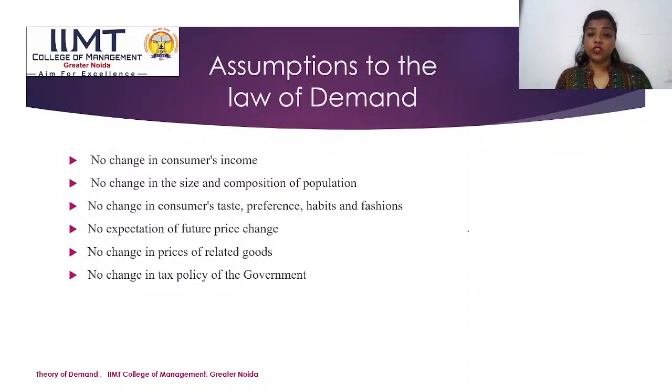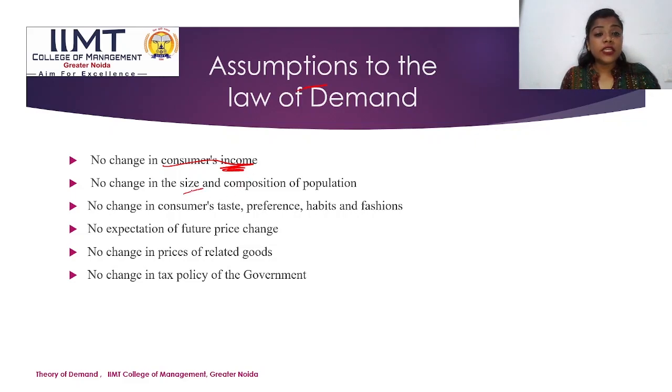Next is the assumptions. Now, what are the assumptions to the law of demand? There are some assumptions that we assume. In the definition itself, we have studied that other things being constant. What are the other things which are being said to be constant? Let us see. It is assumed that there will be no change in the income of the consumer.